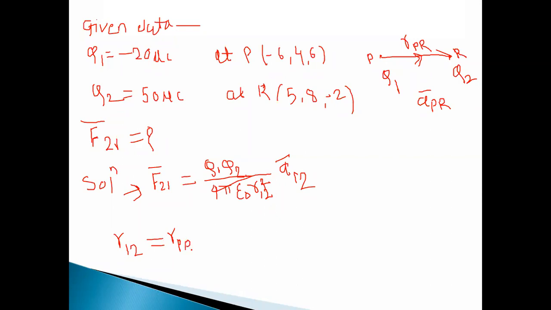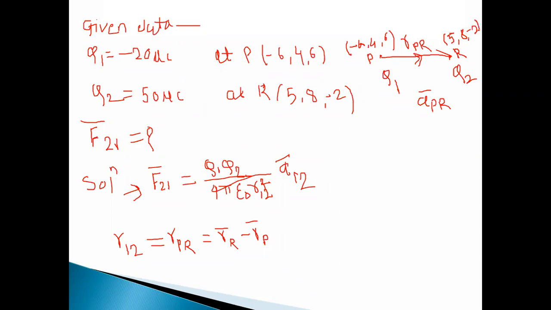We are going from point P to point R, so it is nothing but small r bar R minus small r bar P. It is end point minus start point. This point P has coordinates -6, -4, and 6, and this point R has coordinates 5, 8, and -2.